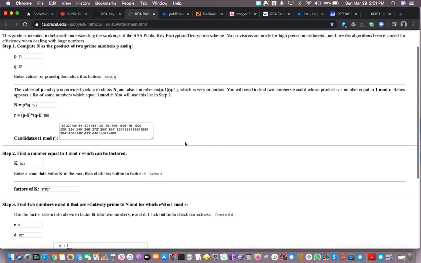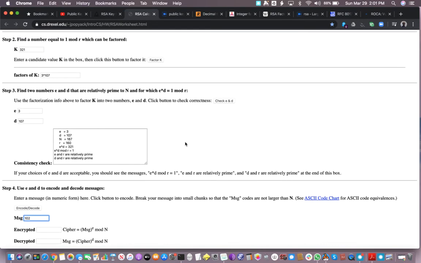What was N again? N was 187. We need something relatively prime to that. This is the result of raising that to the eth power, which means 3 mod n. And indeed, when you decrypt, meaning you raise 170 to the power 107 mod n, you get back 102.